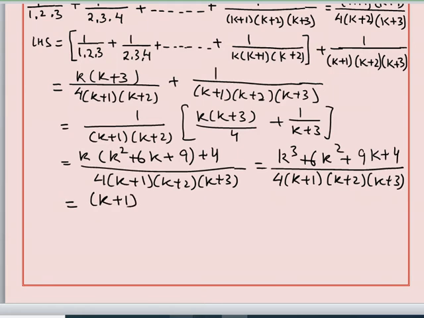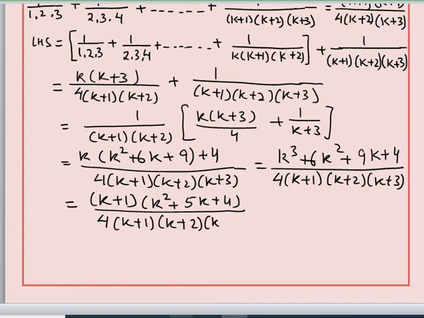Now when you divide this expression by k plus 1, you will see the leftover factor is k squared plus 5k plus 4, keeping the denominator as it is. And now you see that k plus 1 from the numerator and the denominator can be cancelled out.